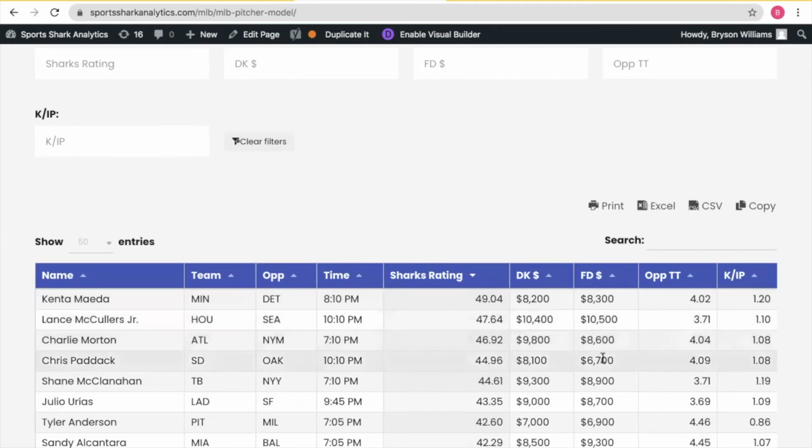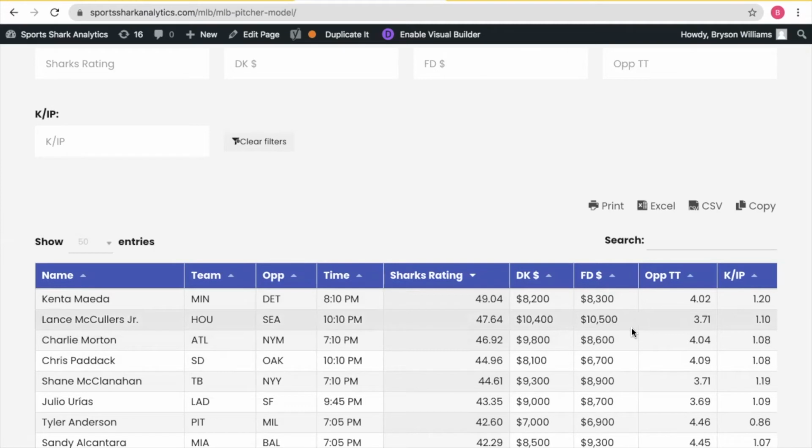And with Paddock, you're losing a little over 2 points, but salary-wise, he's almost $5,000 cheaper than McCullers. So for my player pool that day, I would have centered around Mediya, Martin, Paddock.